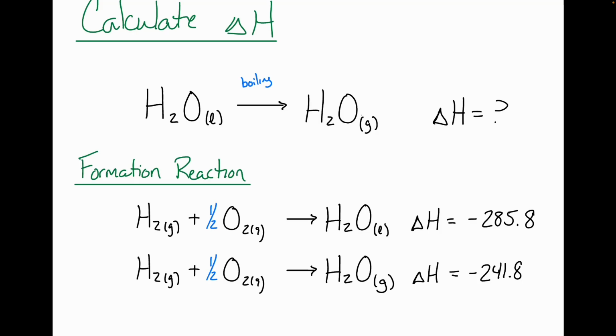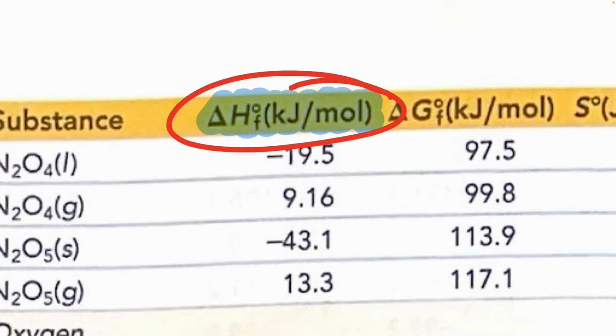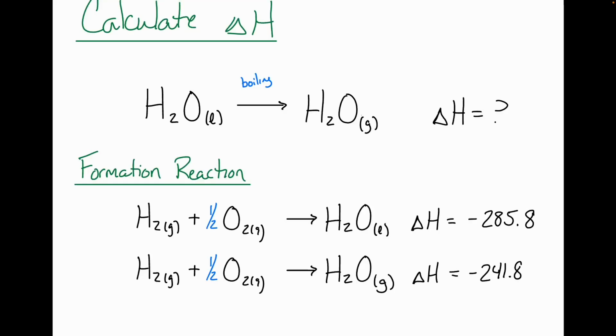All right? And if I'm being good and I look at my units here for that value of H, we see that our delta H values are listed in terms of kilojoules per mole. All right, so let's be good and put our units on those values. Kilojoules per mole.